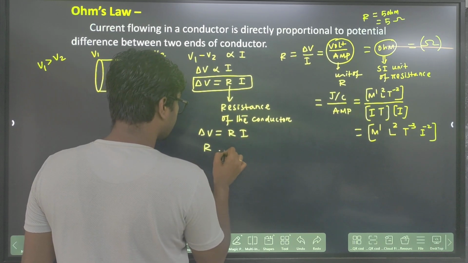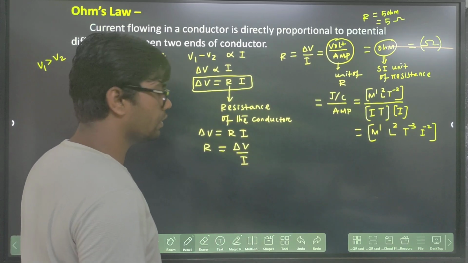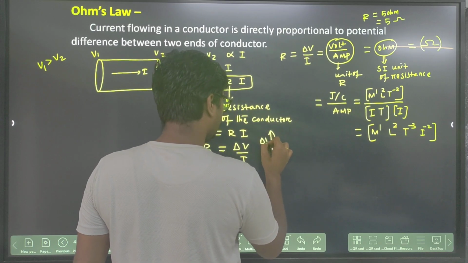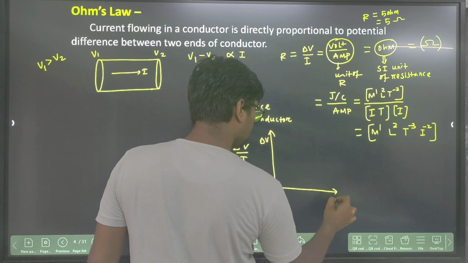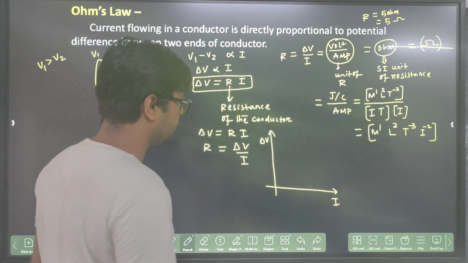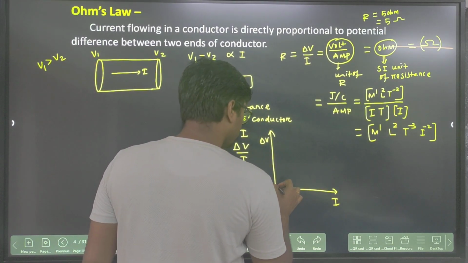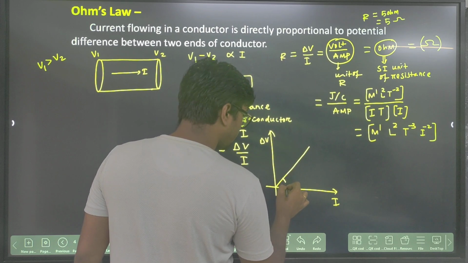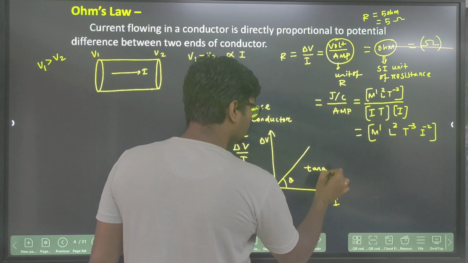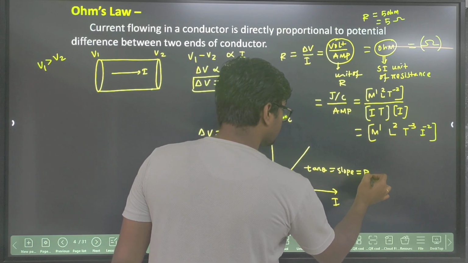So R can be written as delta V by I. If I draw a graph between delta V and current I, then the slope will give the resistance, because this is Y, this is X. If this angle is theta, then tan theta is your slope, and that slope is your resistance.